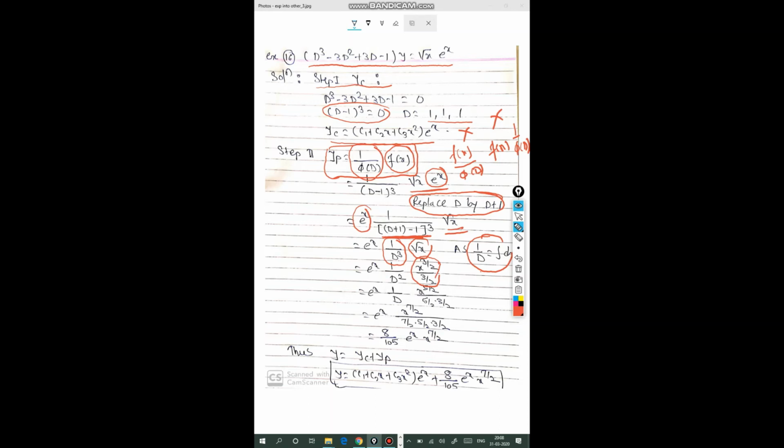So that is x raised to 3 by 2 upon 3 by 2. That is the first integration. Second integration becomes x raised to 5 by 2 upon 5 by 2 into 3 by 2, and the third integration becomes this one. The simplification gives us 8 upon 105 into e raised to x into x raised to 7 by 2. And don't forget at the end to write yc plus yp as the complete solution.